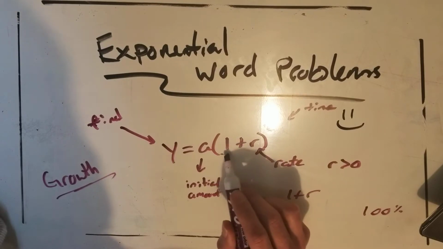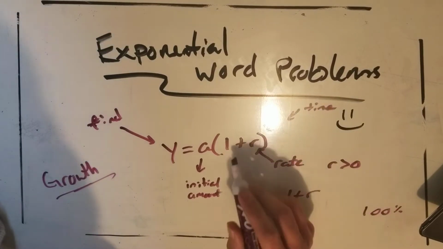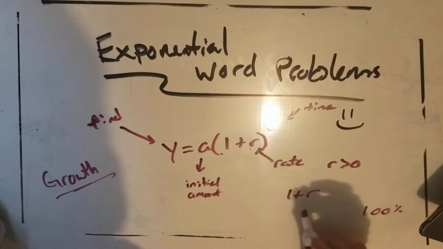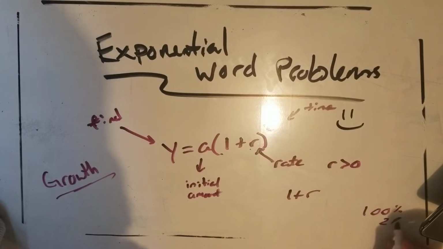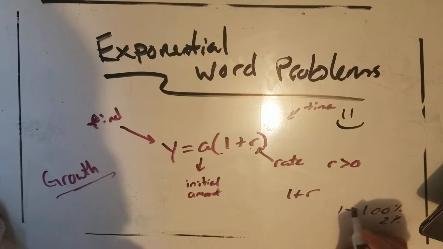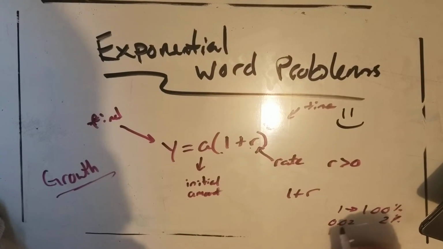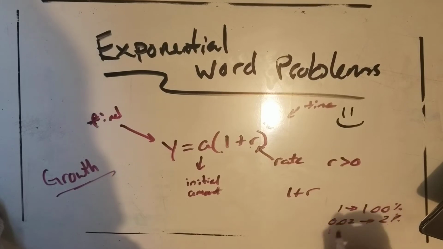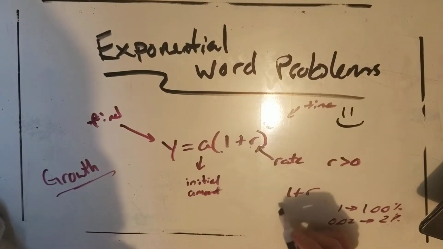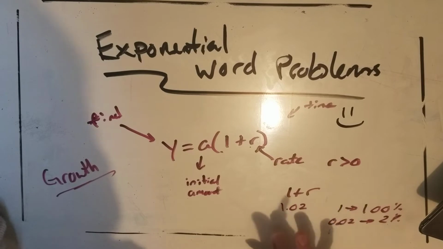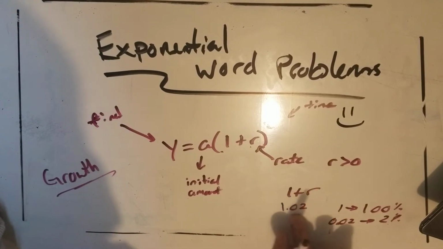So you have 100 and you're gaining 2 more. So this is going to be represented as a decimal, 2% would be 0.02. So you'd end up with, in here, like 1.02 if that was what the problem was calling for. It's your 100% and 2 extra.